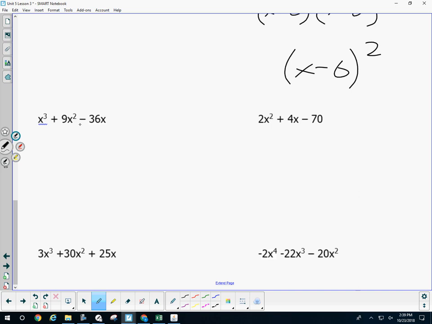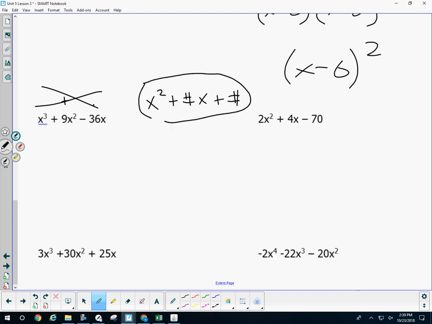Oh man, do I need two numbers that add to get to? No, hold on a second. This only works when we have an x squared plus a number times x plus another number, okay? This is the product of two binomials, both with x as a leading term.